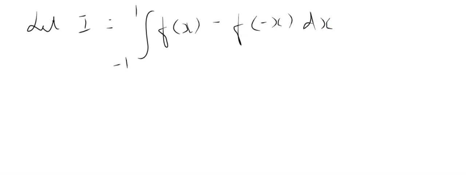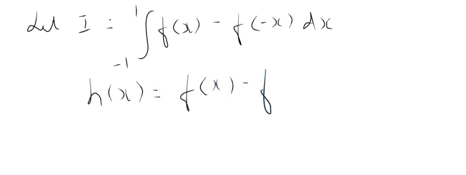Now, let us take a function. Let us take this function f of x minus f of minus x to be h of x. Okay. Let h of x be equal to f of x minus f of minus x.